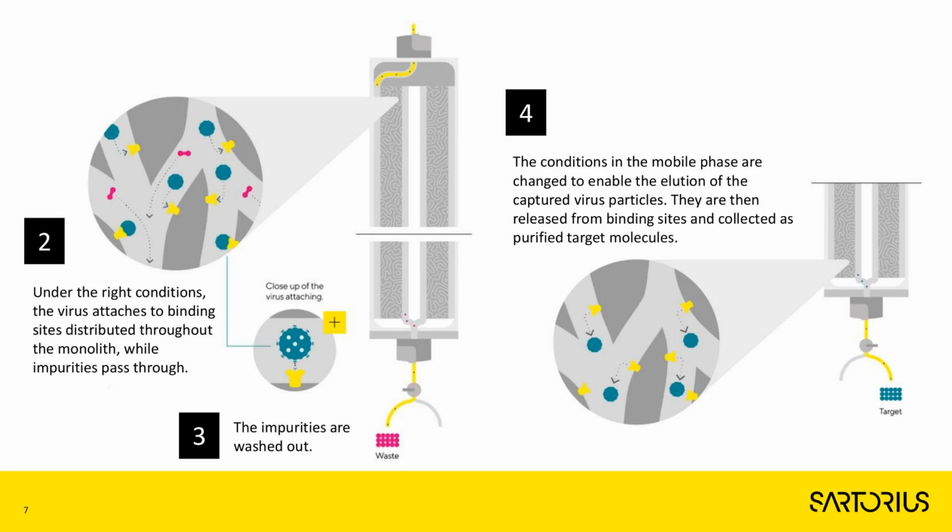While the virus binds to the sites, the impurities pass through. And once the impurities are washed out, the conditions in the mobile phase are changed to enable the elution of the captured virus particles. These released viruses are then collected as purified target molecules.